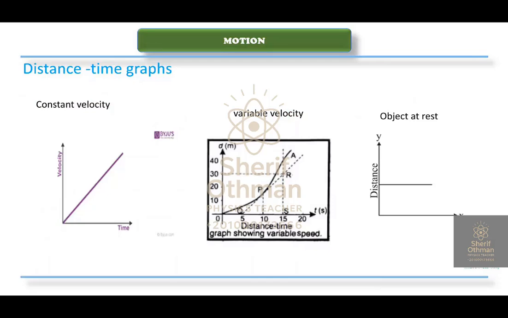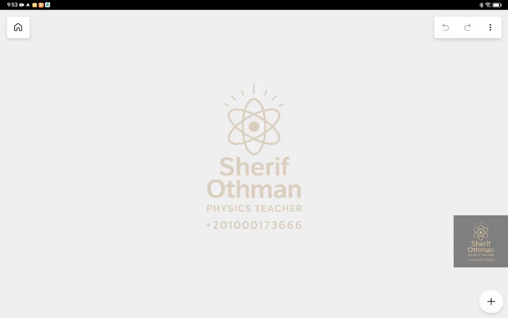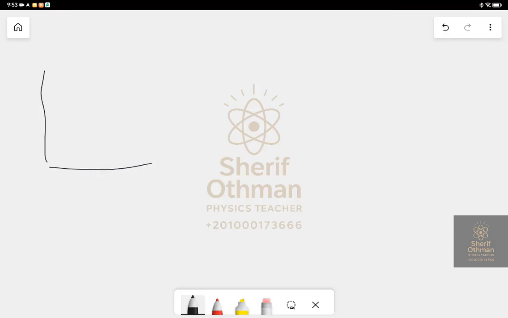Distance time graph, guys. What is the distance time graph? What is a graph first? A graph is the relation between two variables, one of them on x and the other one on y. One of them is dependent and the other one is independent. The dependent one is y, while the independent one is x. So y depends on x in this change.